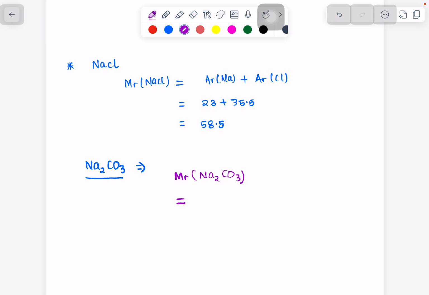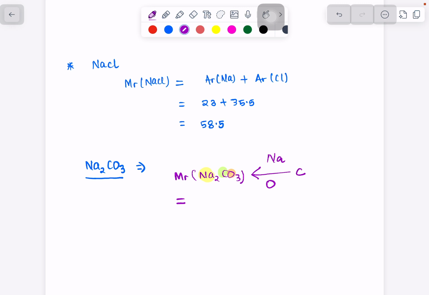Before looking at the subscript, we need to find out how many elements are there in the molecule. So I'm going to circle each type of element in it. One is sodium, another is carbon, and the last element is oxygen. So there are three elements in it: Na, carbon, and oxygen.